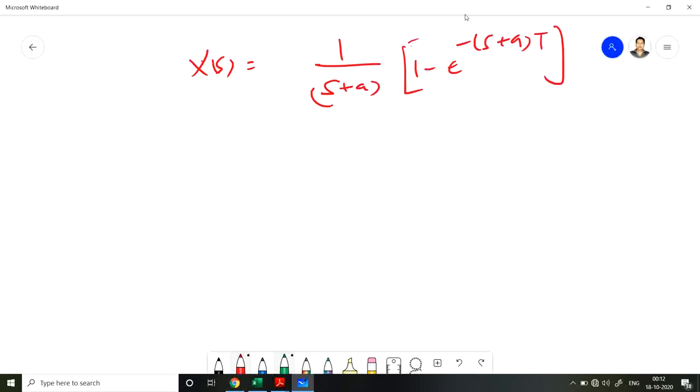Now if we look at this Laplace transform, x(t) is a finite duration signal.